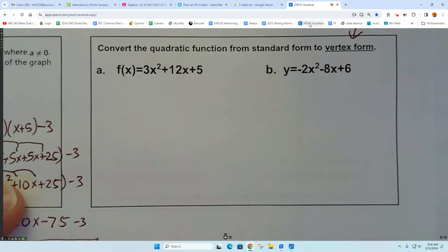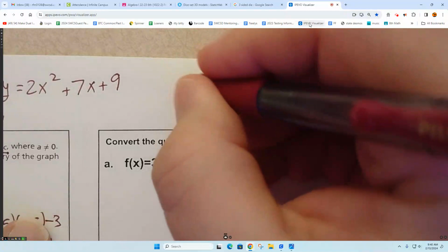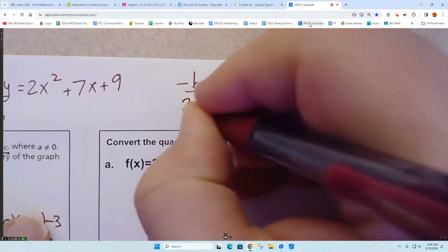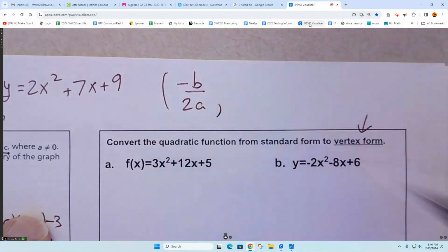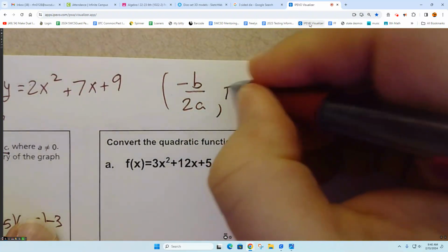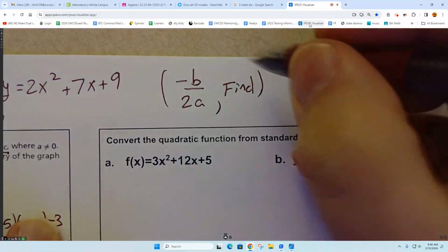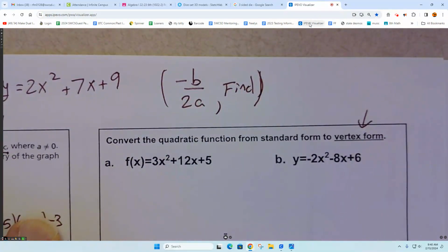All right, so now we need to put it in vertex form. That means we need to know the what? The vertex. If you want vertex form, you got to know the vertex. If I sang a song, the song would go something like -b over 2a, comma, find. -b over 2a.